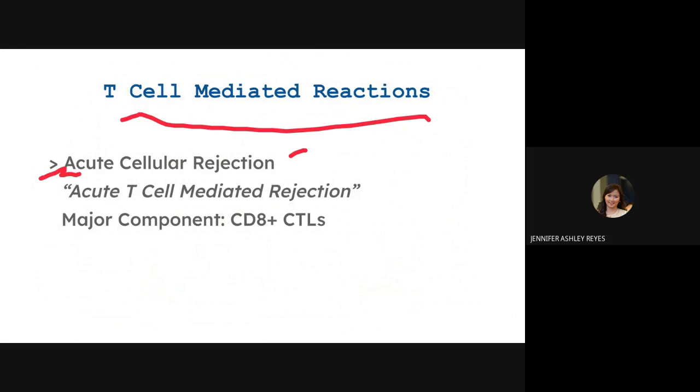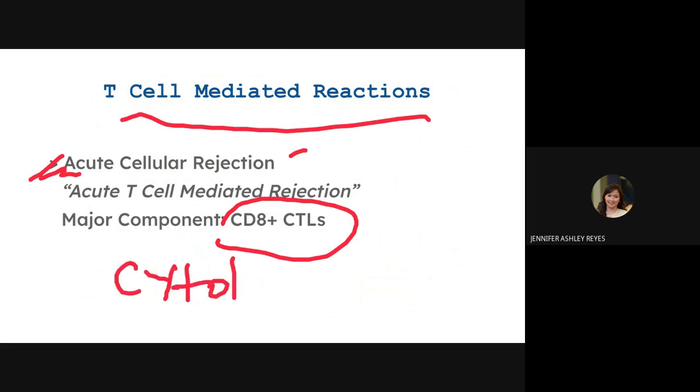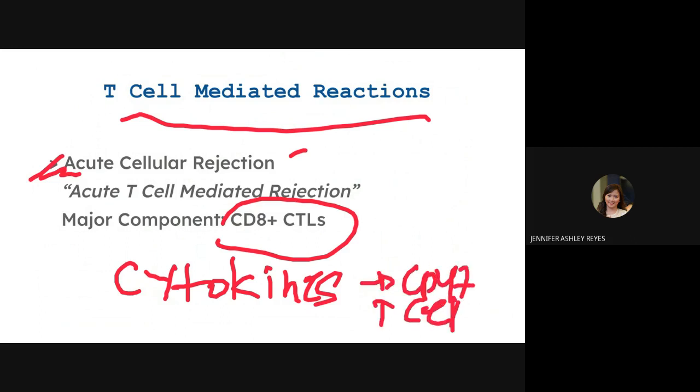Before, it was thought that the direct killing of graft cells by CD8 plus T cells was the major component of this type of acute cellular rejection. But it was noted also that an important component of this process is the inflammatory response in the graft triggered by the cytokines secreted by the activated CD4 plus T cells.